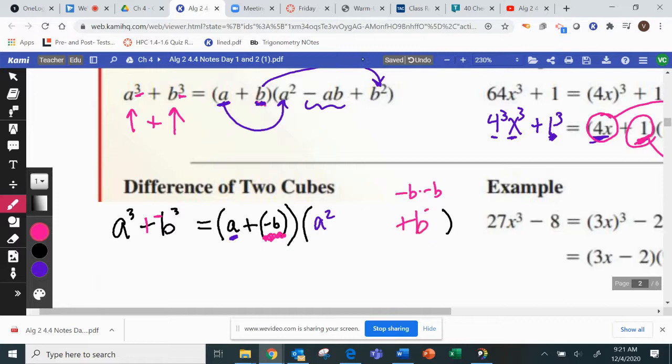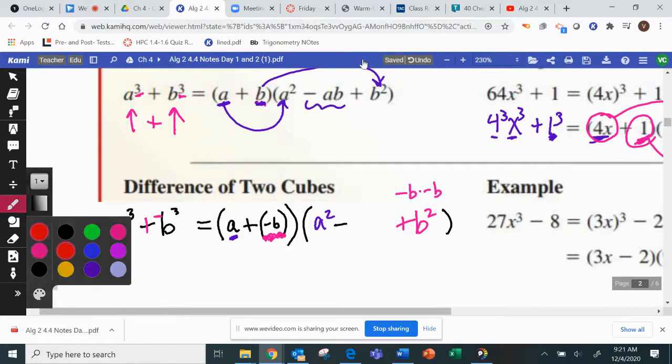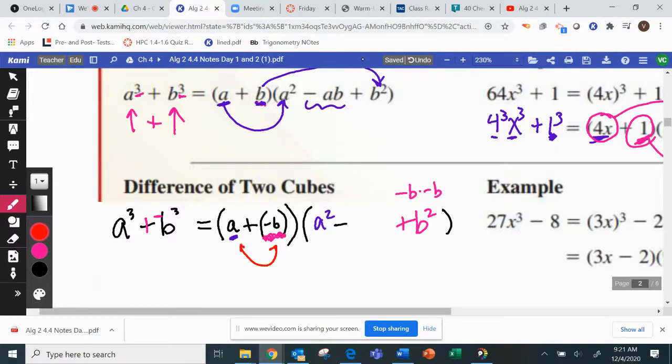Positive b squared. The middle term is always minus, and then we multiply the two terms together. So we multiply a times negative b. What is a times negative b? Anybody know? Amar? It is negative ab.